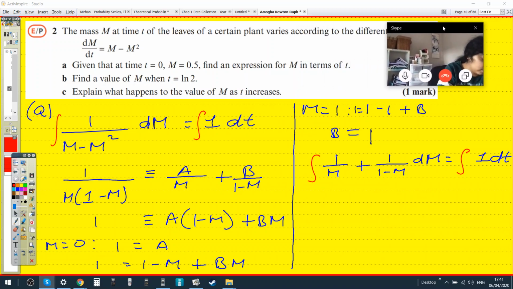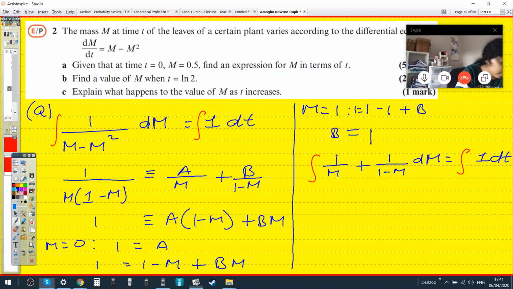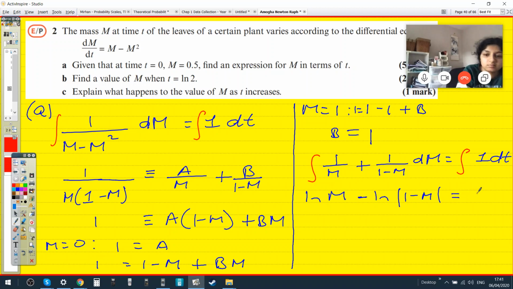So then you'd have ln m plus, oh, minus ln 1 minus m. Boom. Well done. Is equal to t plus c.